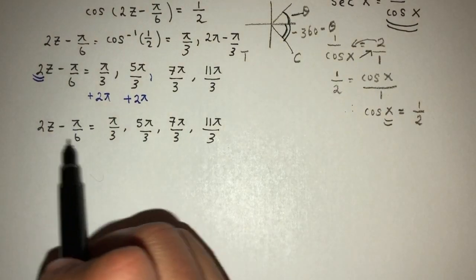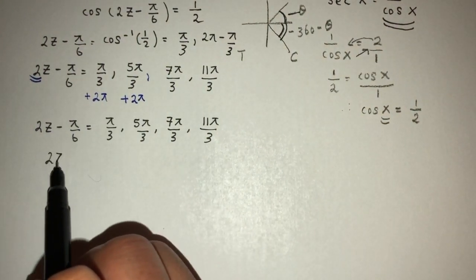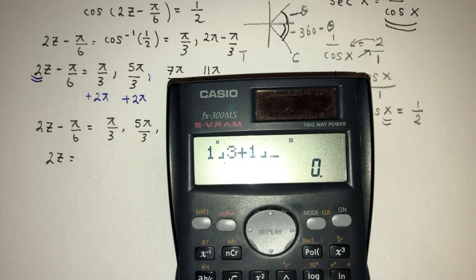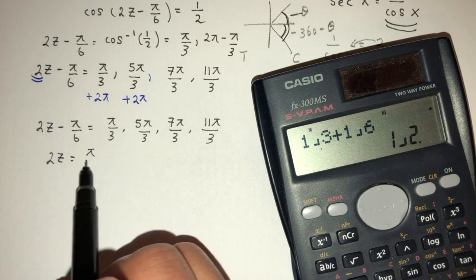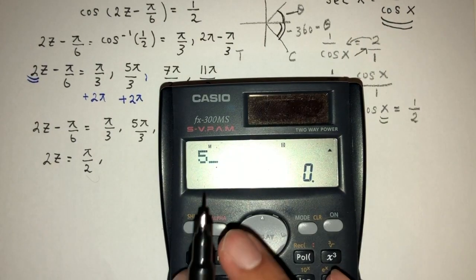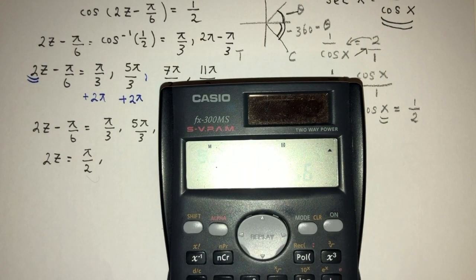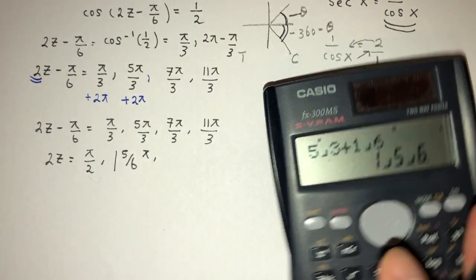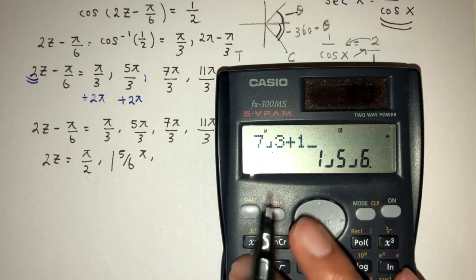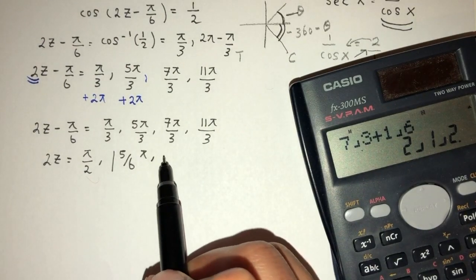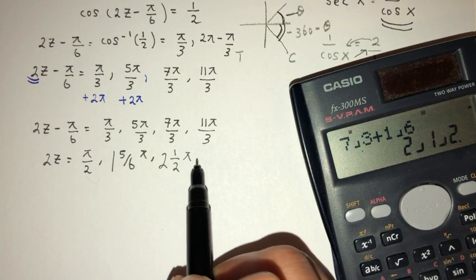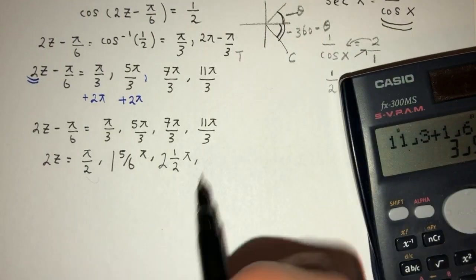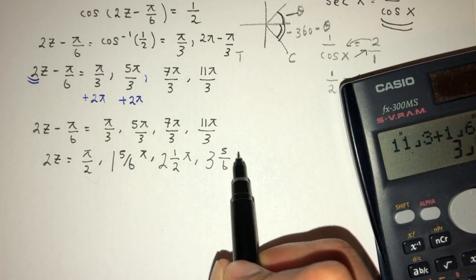Now, we can first send this one over here, so you will have 2z. The first value will be 1 over 3 plus 1 over 6, that will be pi over 2. 5 over 3 plus 1 over 6, that will be 1 and 5 over 6 pi. 7 over 3 plus 1 over 6, that will be 2.5 pi, and then we have 11 over 3 plus 1 over 6, that will be 3 and 5 over 6 pi.